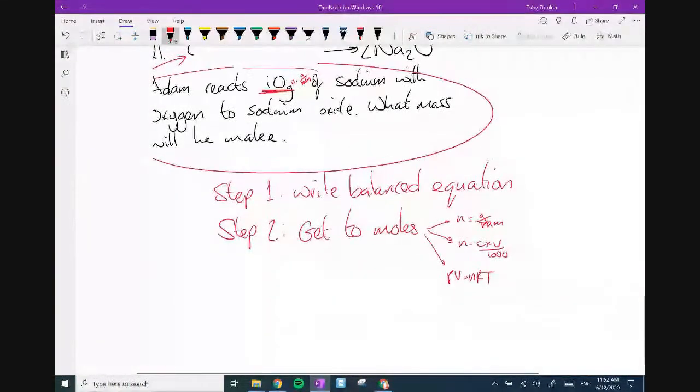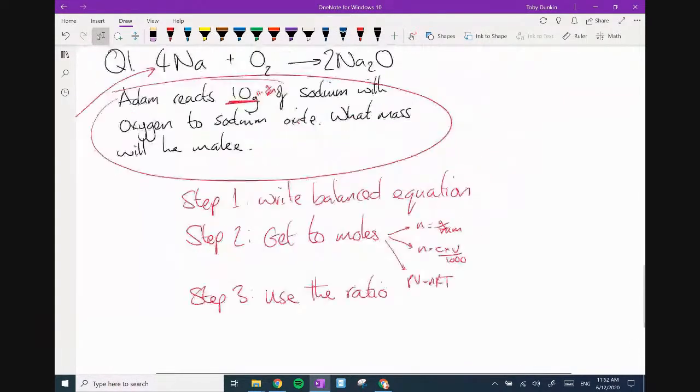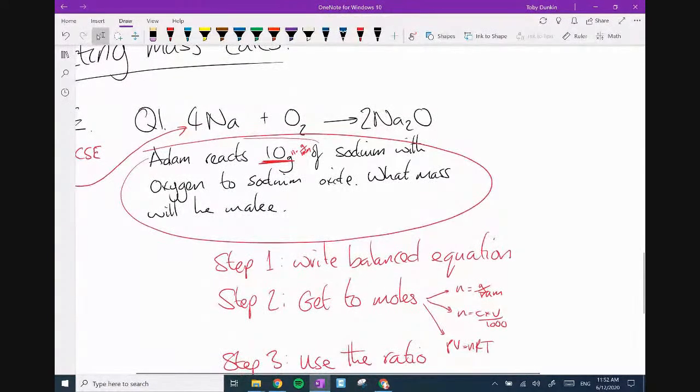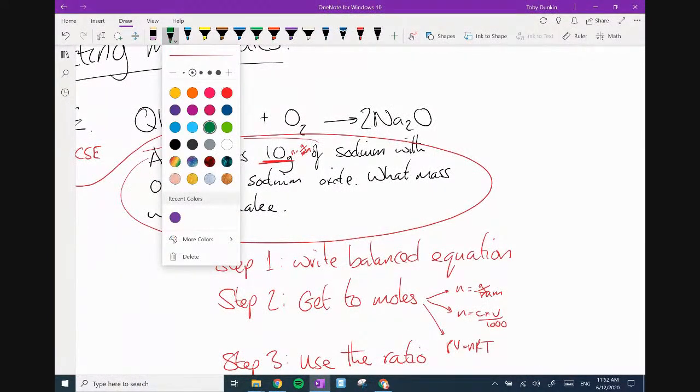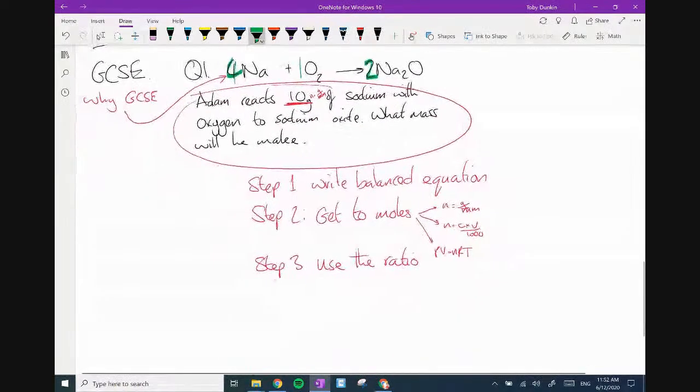Once we get to moles, step number 3 is use the ratio. Use the ratio from the equation. So in this particular equation here, of course, I'm going to highlight the ratio in green. So this is a 4, 4 to 1 to 2. There's my ratio.